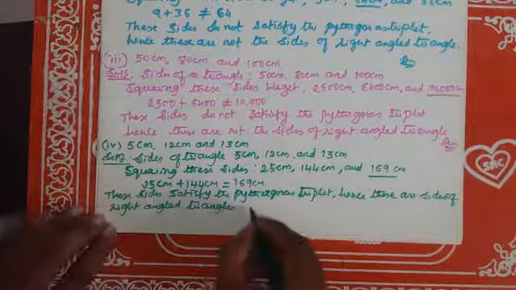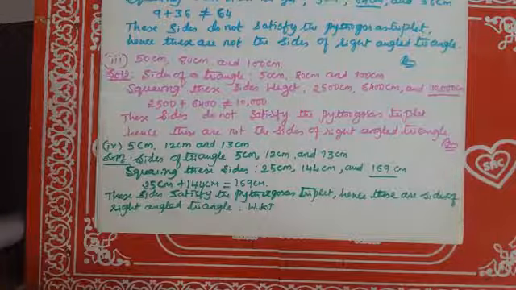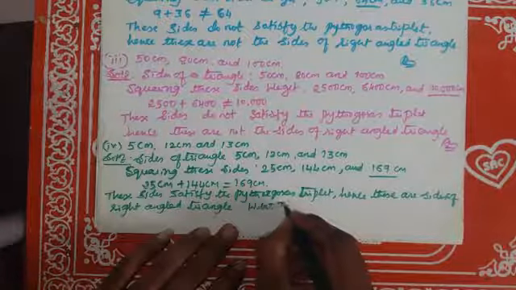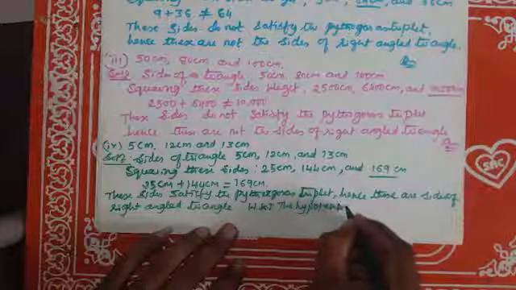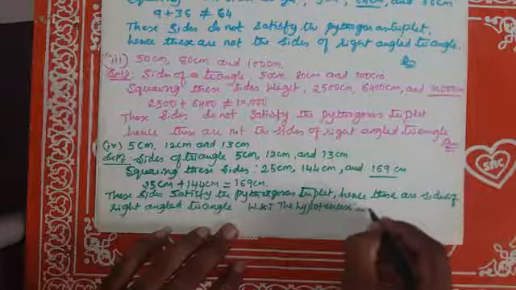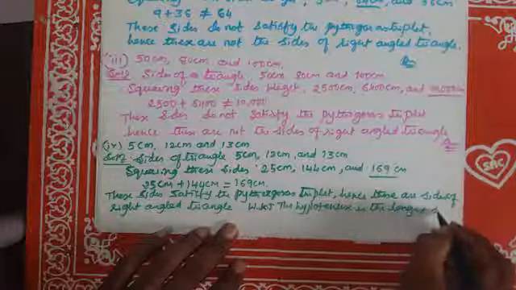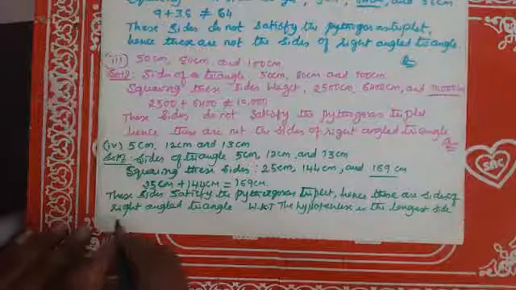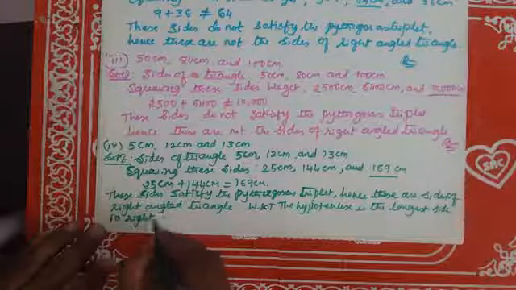We know that the hypotenuse is the longest side in a right angle triangle.